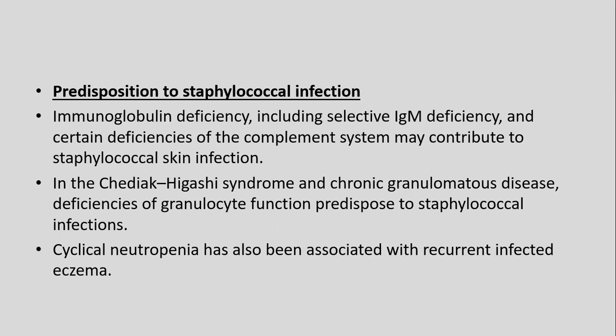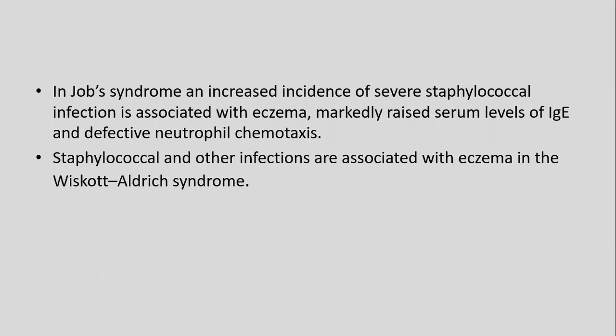Cyclic neutropenia is associated with recurrent infected eczemas. In Job syndrome, there is increased incidence of severe staphylococcal infection associated with eczema, markedly raised IgE, and defective neutrophil chemotaxis. Staphylococcal and other infections are associated with eczema in Wiskott-Aldrich syndrome.